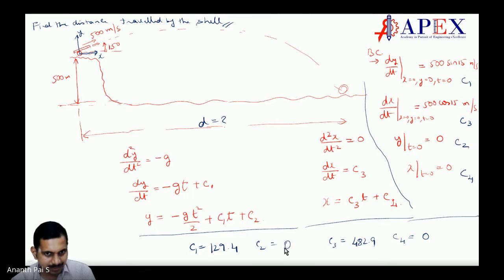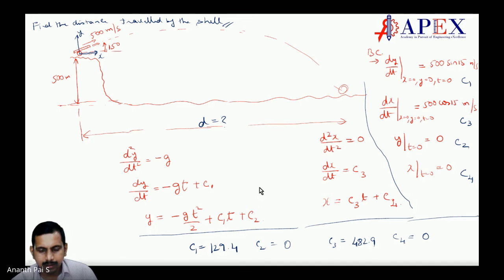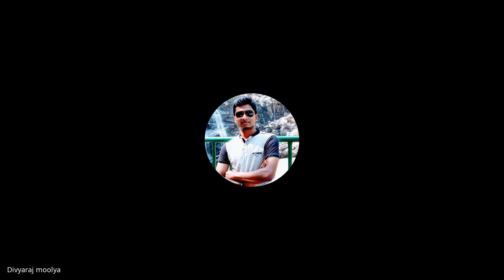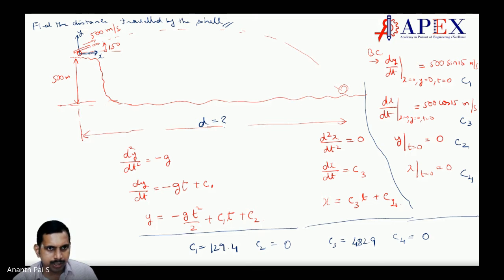Make sense, Diviraj? Yes, sir, but here we are not using C2 now, just using C1 now. Why? In which coordinate system are you taking the equation? Tell me. Where is the coordinate system? The same coordinate system which you have taken. Yeah, then you should get C2 is equal to 0. Then everything is correct.